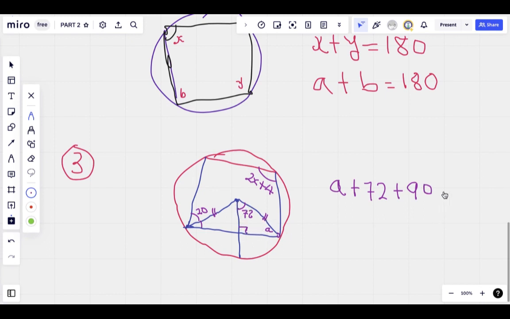So let's first of all find that angle A. Why are we looking for angle A? Because they gave us the two values here. We know here is 72, we know here is 90, we can find here. And once we find here, we can find this other side. And once we get here, we will be working towards finding x using the cyclic quadrilateral formula.